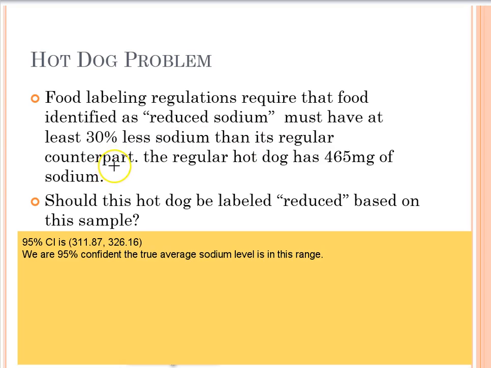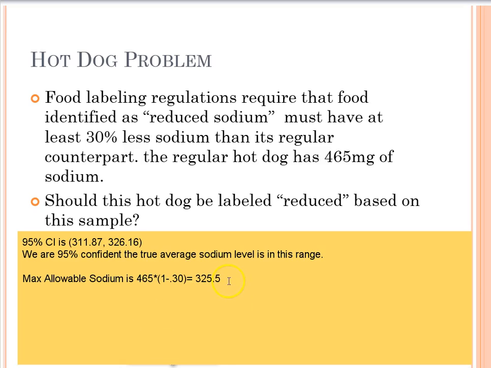So there's a maximum amount of sodium that it can have to actually be labeled as reduced sodium. The maximum allowable level of sodium is 30% less than the regular counterpart. So this is going to be 70% times 465, that gives me a sodium level of 325.5. Now, having a sodium level less than this is fine because you've reduced sodium even more.